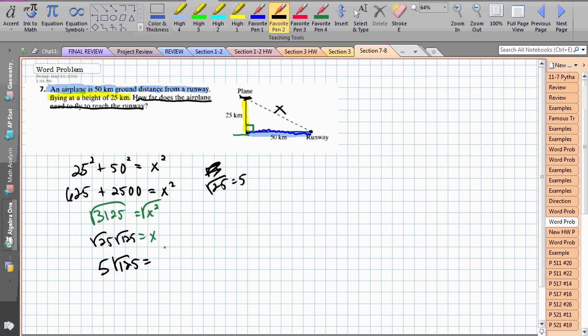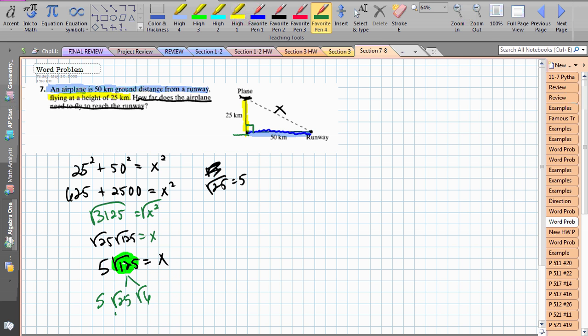So in this case, it looks like the answer is going to be 5 radical 125, but I did not find the largest perfect square that is a factor of 3125. And I know I didn't find the largest one because when I look at the leftover radical here, 125, that can be simplified again. So this is going to be 5, and if I break down 125, that's 25 times 6.